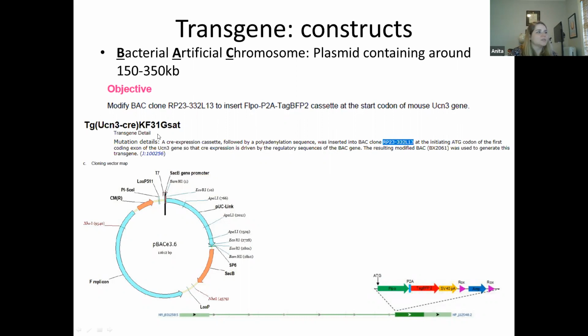Because there was already a GENSAT-created Cre mouse, we were able to piggyback off that, because they had already cataloged what BAC clone they had used. They had all of the annotation in terms of what the enzymatic sites were that you needed upstream of the start ATG for the first coding exon of urocortin-3. In our case, the urocortin-3 promoter is not defined; it's just all of the 5' UTR of this gene.